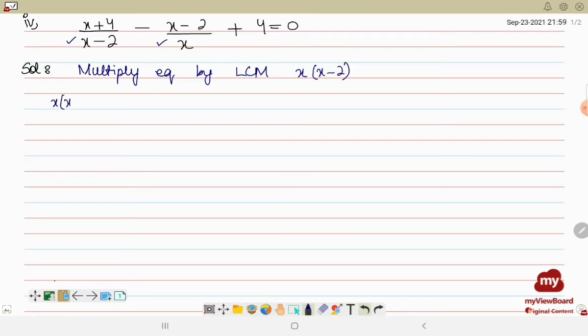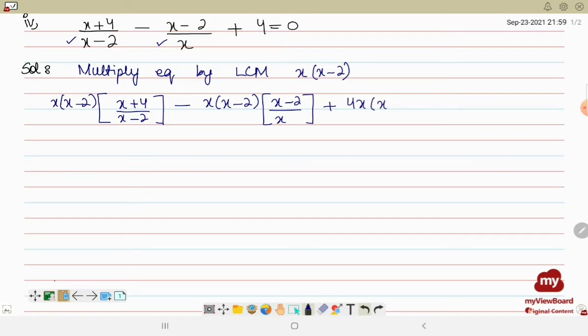Let's multiply each term of the equation by the LCM. Right, by x minus 2, minus x into x minus 2, x minus 2 over x, and then 4 into x minus 2. And if you multiply 0 by LCM, it will become 0 again. Let's cancel out the terms. X minus 2 will get cancelled and we are left with x square plus 4x.